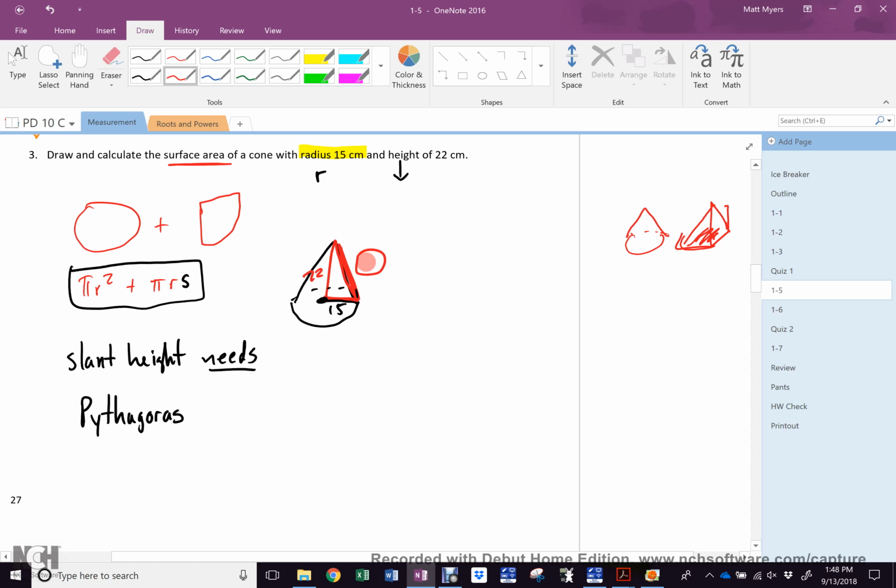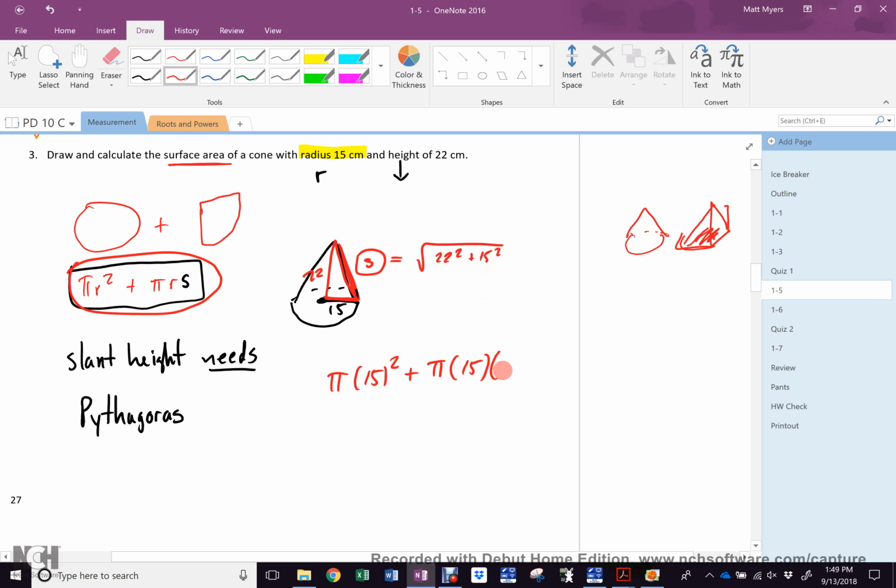So this side right here is S, isn't it? S equals the square root of what? 22 squared plus 15 squared, right? Everybody cool? So now, since I know what S is, can I use my formula now? Pi, what's R? 15 squared plus pi, what's R? 15.